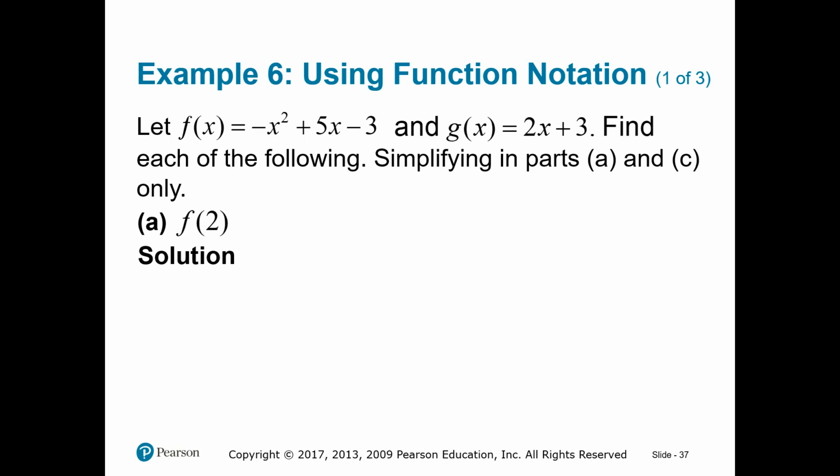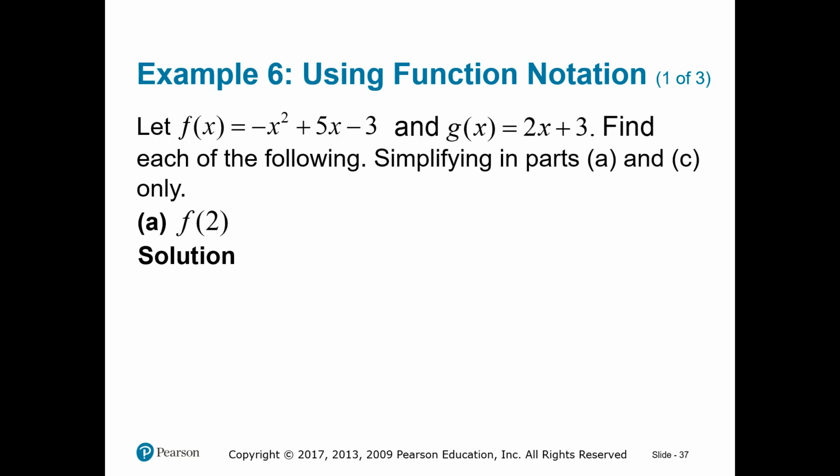It's very simple. If you want to evaluate f(2), how do you find f(2)? You plug in. In place of x, what do you have? 2. You plug in 2 here, right? Plus this is 5 times 2 minus 3.